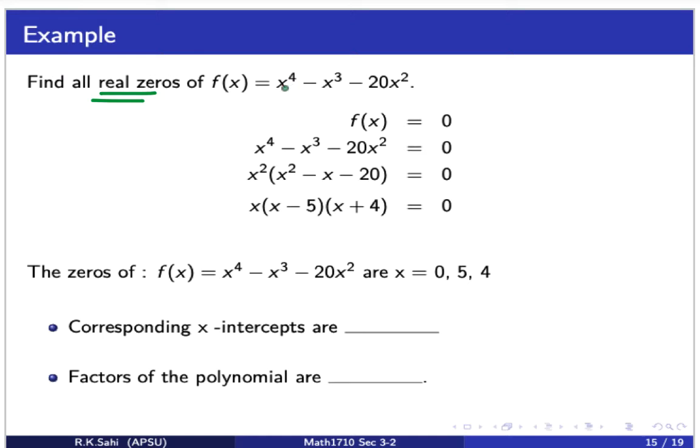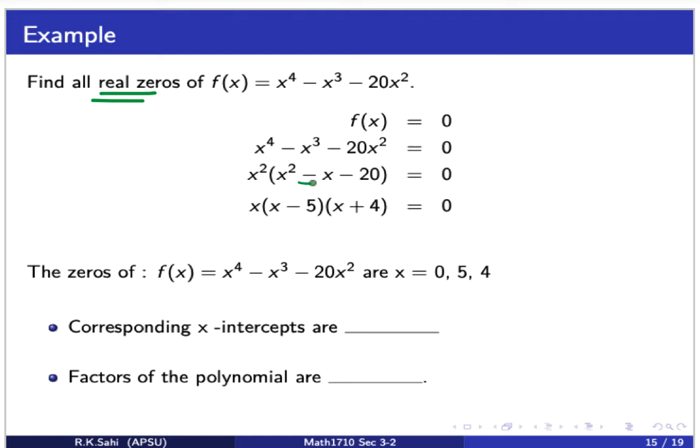We are basically going to put f(x) equal to 0. That means the right hand side is going to be equated to 0. And now we try to write it as some factors. When you look at each expression on the left hand side, we see x squared is common. We take the x squared out, we have x squared minus x minus 20.